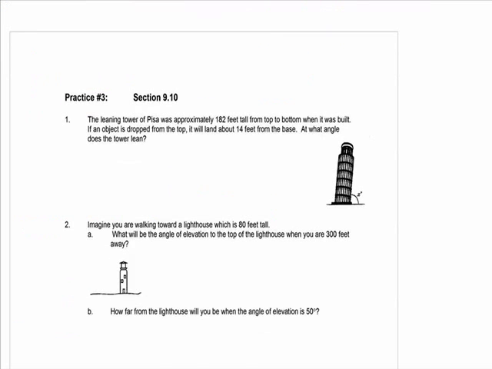Let's go ahead and look to page 53. And we will get you set up here, and then we'll remind you guys to pause. It says the Leaning Tower of Pisa was approximately 182 feet tall from the top to bottom when it was built. But as we all know, the Leaning Tower of Pisa is now leaning. Now, I'm going to draw it a little more leaning than it is, so we can exaggerate it, so that you realize that that's the hypotenuse.